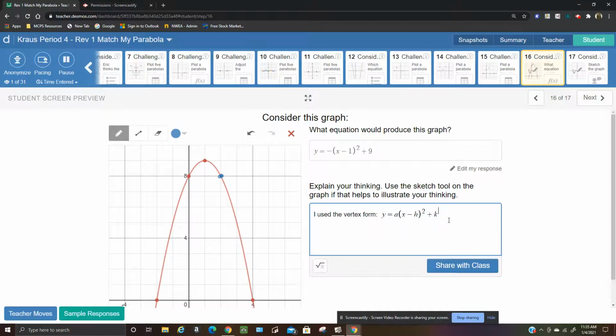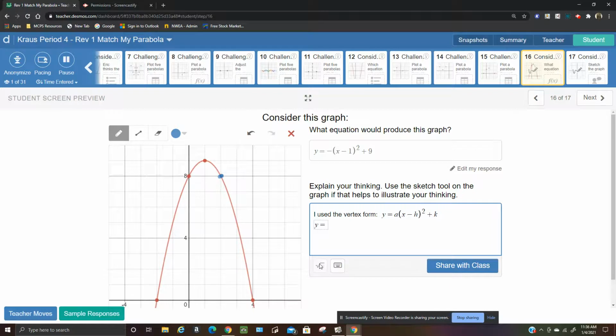And then I noticed that this is opening downward. If I go over 1, down 1, over 1, 2, down 1, 2, 3, 4, over 3, down 9. So my A value is 1.